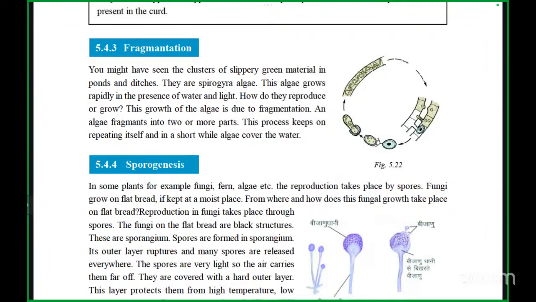That is known as Spirogyra algae. It is a form of algae, and its name is Spirogyra.